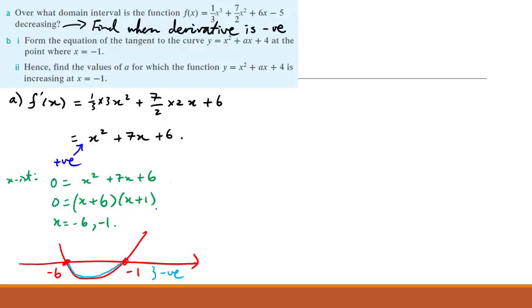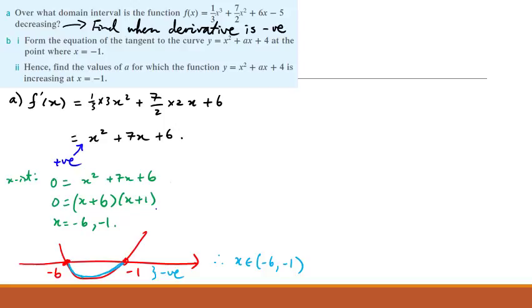So if you have a look there, it starts from -6, goes all the way to -1. Therefore, our solution would be x as an element going from -6 to -1.